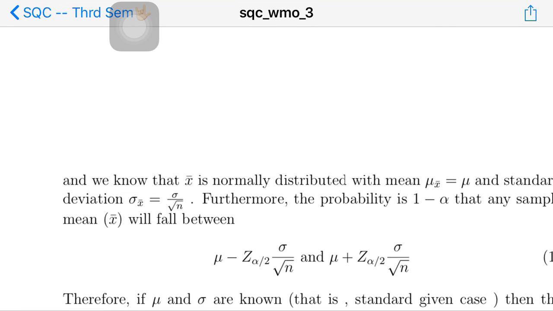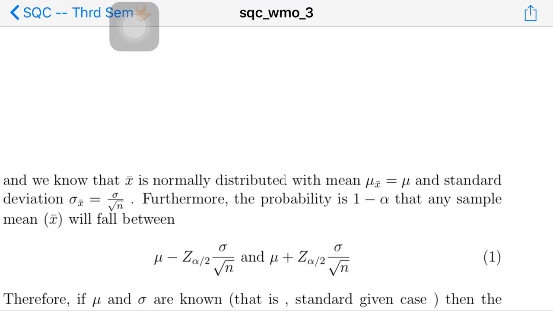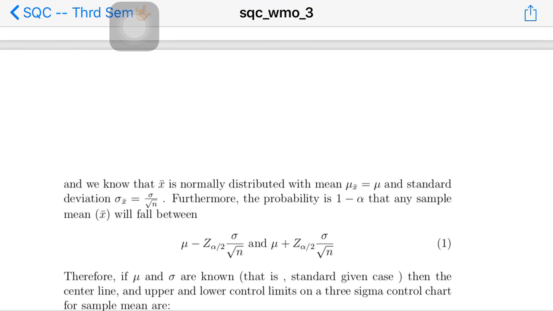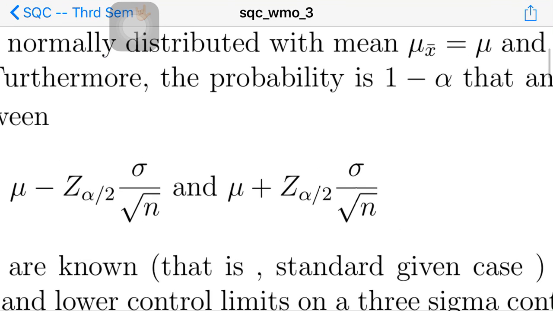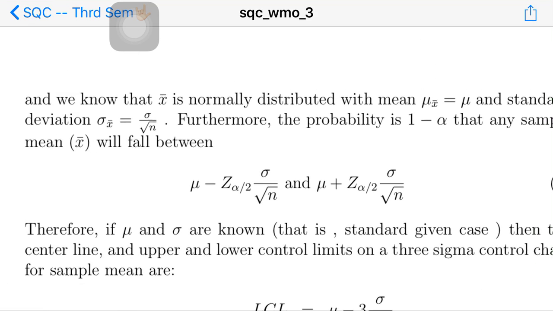And from the confidence interval theory, the probability is 1 minus alpha that any sample mean X bar will fall between mu minus z alpha by 2 into sigma by root n, and mu plus z alpha by 2 into sigma by root n. And it is customary to replace z alpha by 2 by 3 for the purpose of constructing control charts.